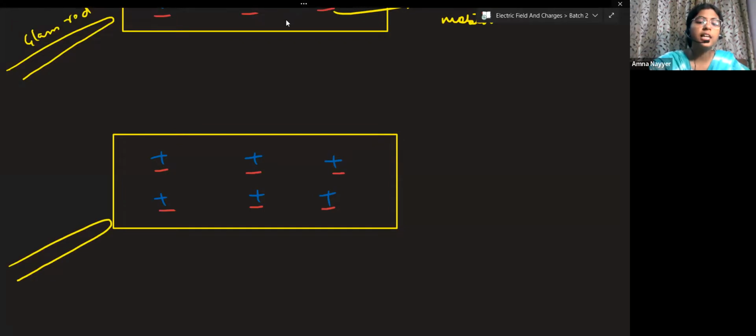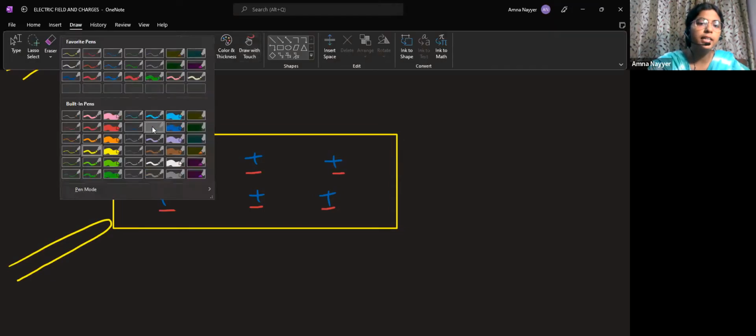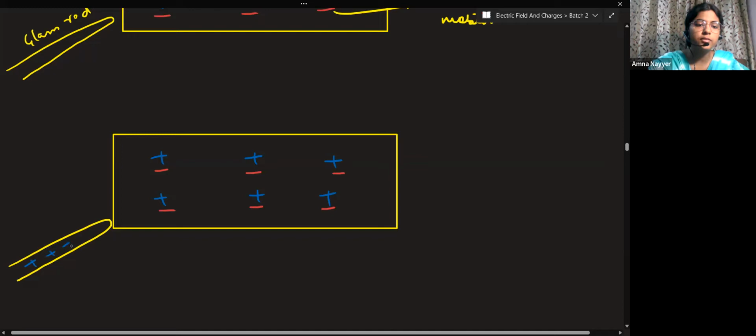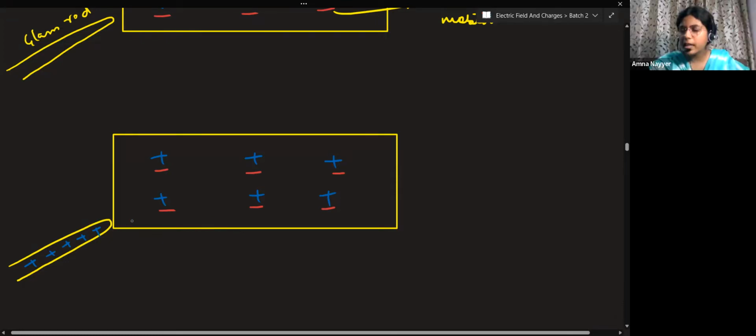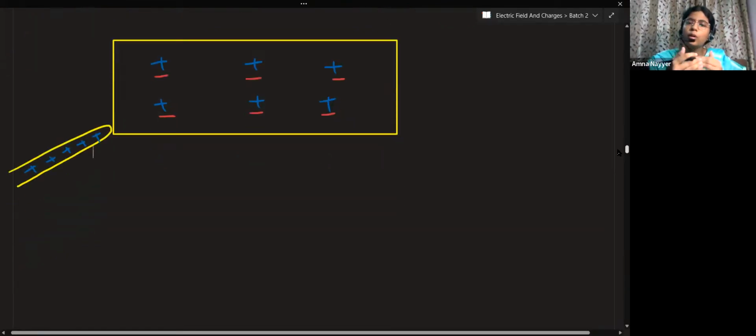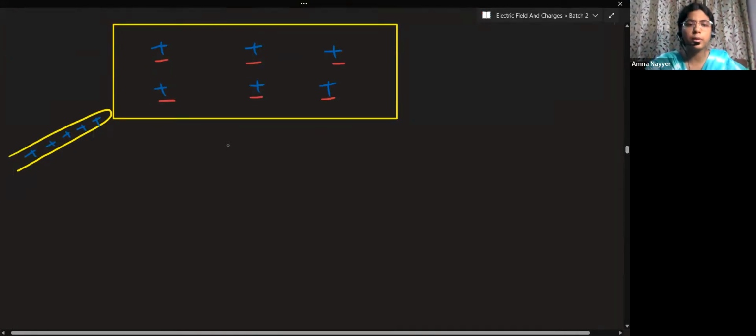And the charge that the glass rod is containing, let's say this is positive. Glass rod has positive charge. Now tell me, all of you, if the glass rod is positively charged, what kind of charges will get attracted by the glass rod? Negative charge. Positive will attract negative charge. So as a result, what happened? All the negative charges will slowly keep on accumulating towards this end where the glass rod is present.